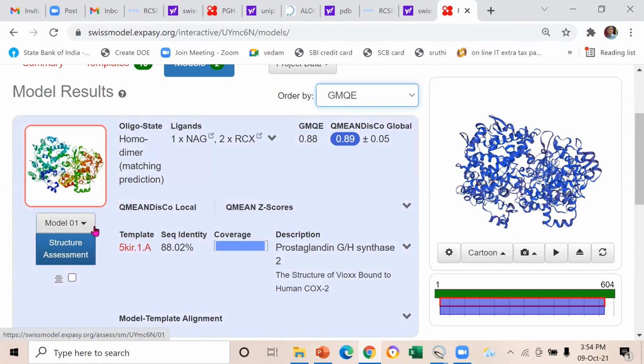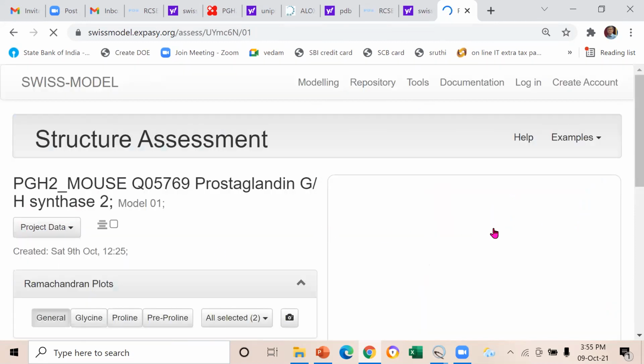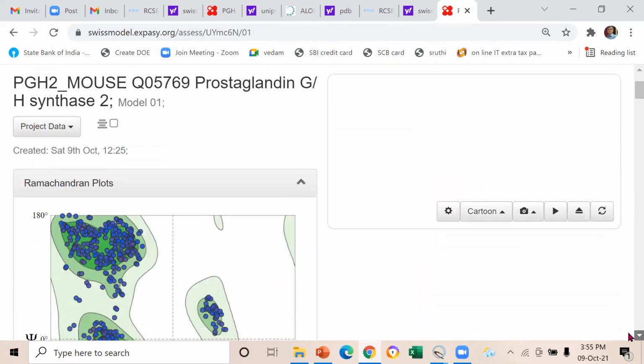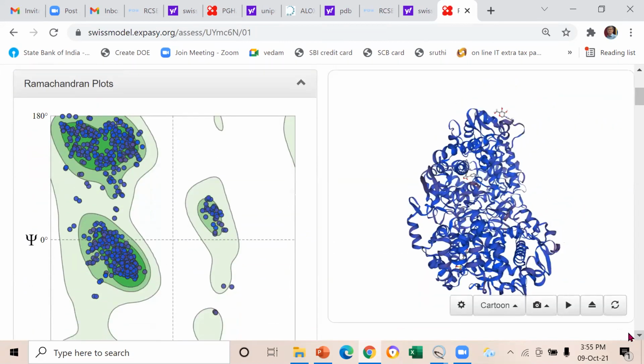So we can now assess the built model. There are many tools. There is something called Ramachandran Plot, RMSD values, and so on, just to see whether my protein has been built properly. Okay, structure assessment. Okay, so it has built my protein. This is called Ramachandran Plot.